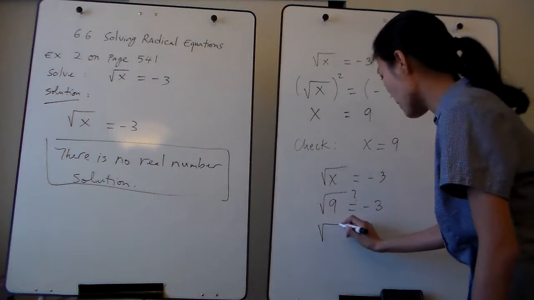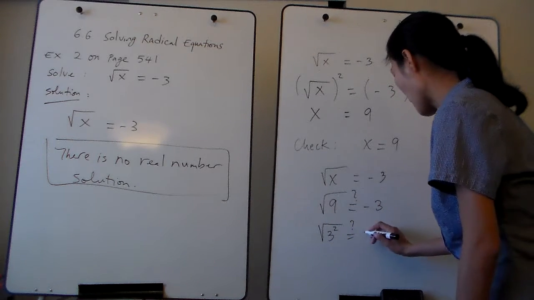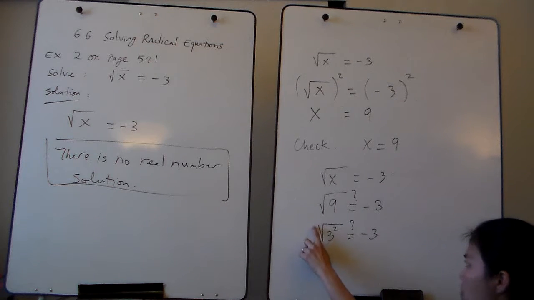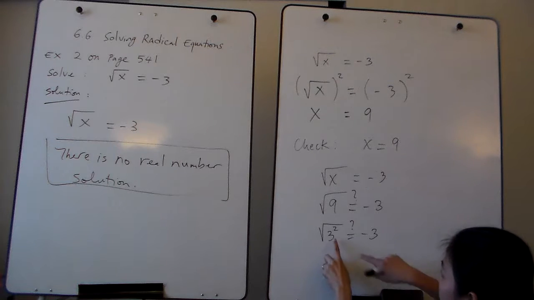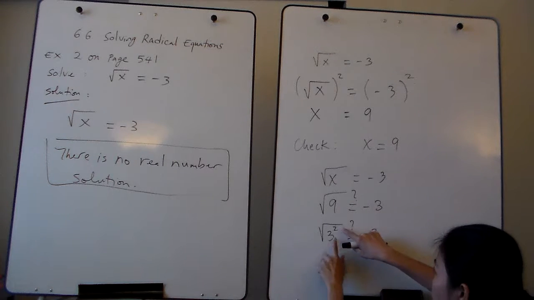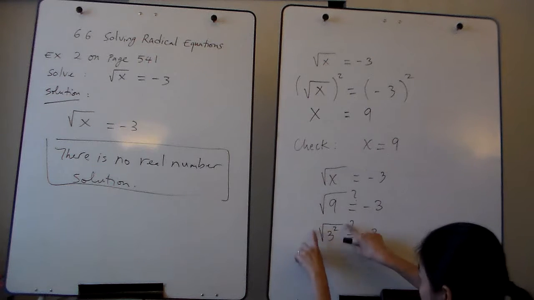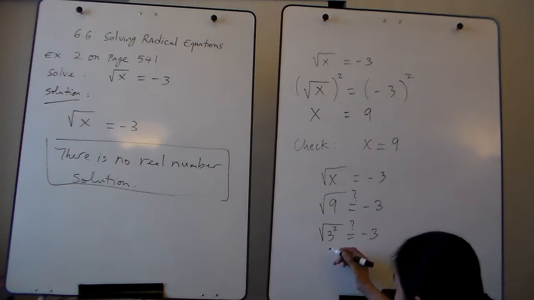Now, 9 you can factor as 3 squared, equal to -3. Because this is a square root, the index is 2, and this factor 3 has the exponent 2, so 2 matches with the index 2. That means you can simplify this radical by moving the factor 3 outside the square root.